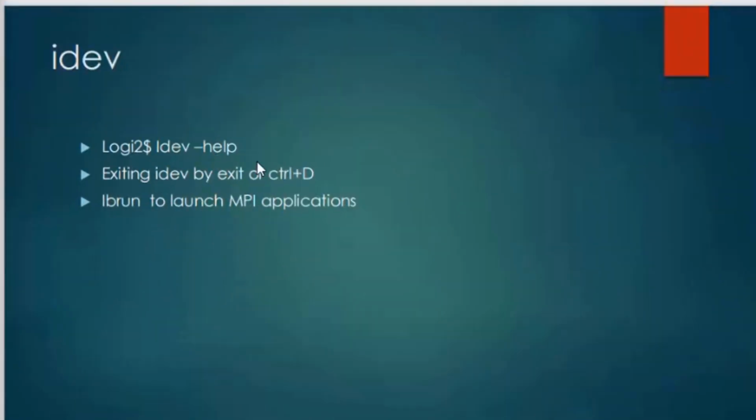Let's see, the next slide is if you want to find more detailed options for the idev, you can use the dash help, and then you can exit the interactive environment with Control D. And this is a command to launch interactive batch, ibrun, to launch an MPI application.